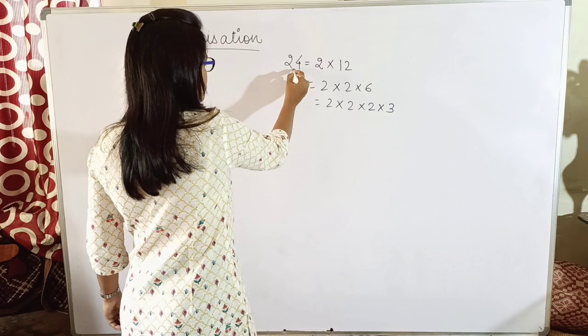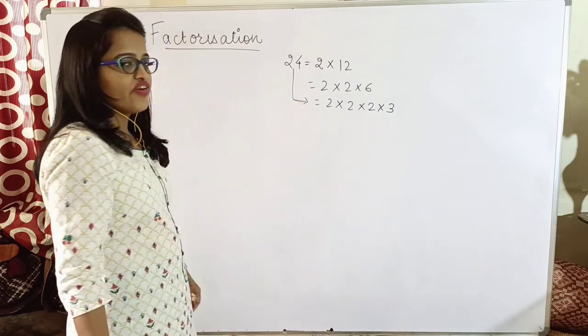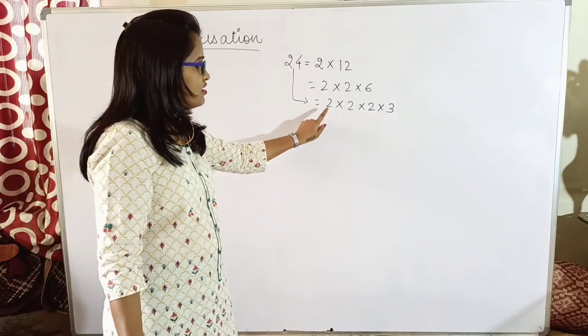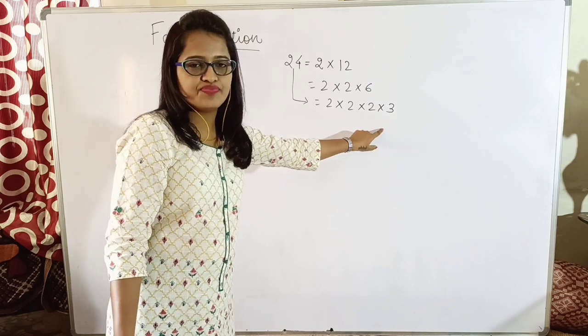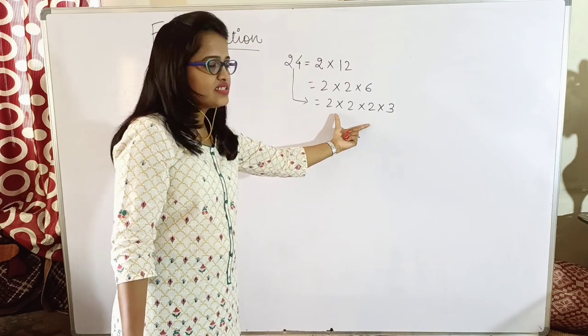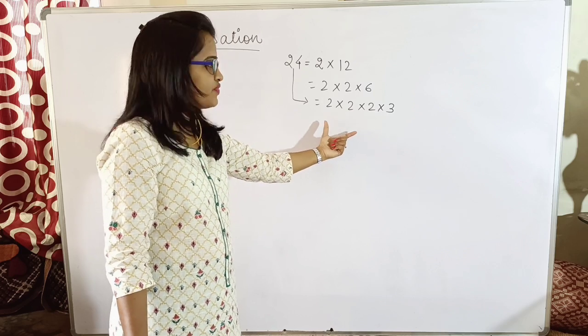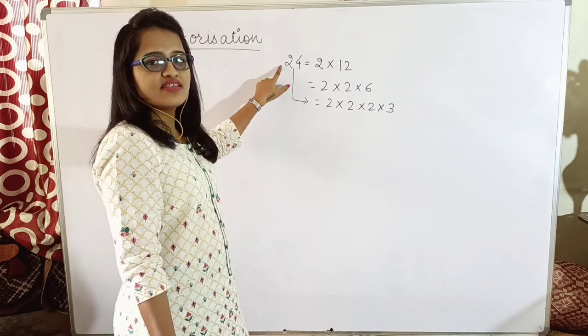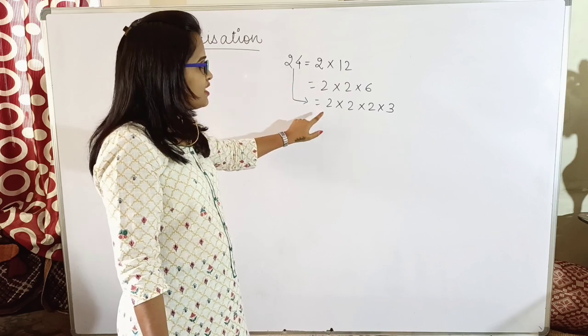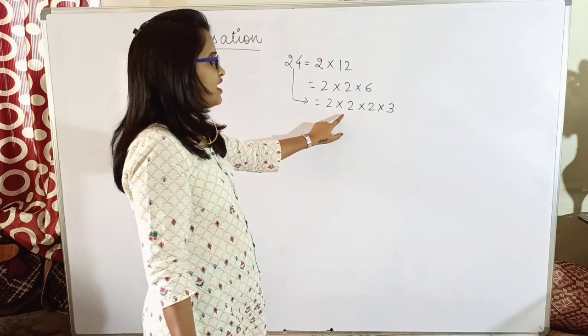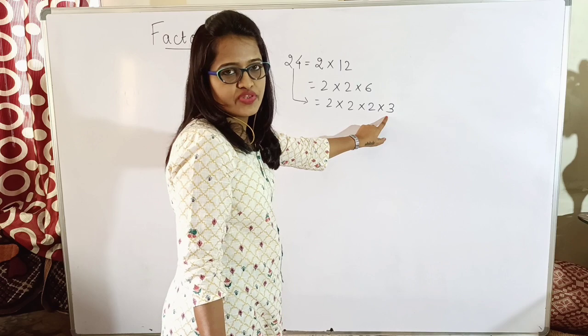So what are the factors of 24? They are 2 and 3. And what are these numbers? 2 into 2 into 2 into 3, which tells me that to get the answer 24, I have to multiply 2 three times and 3 one time.